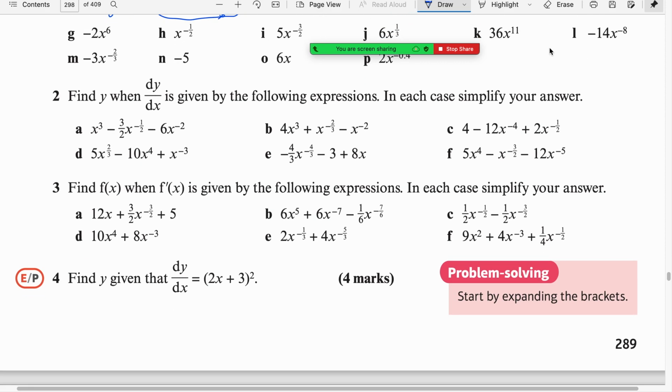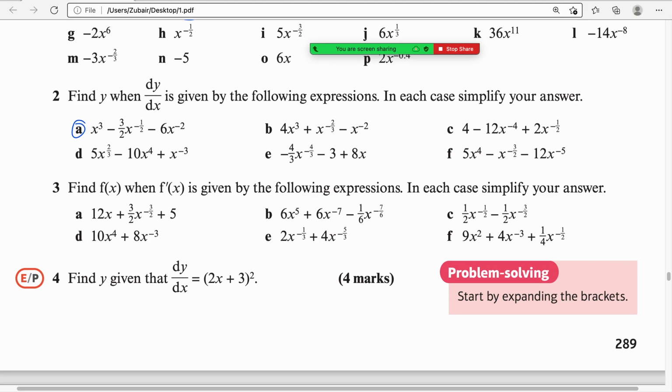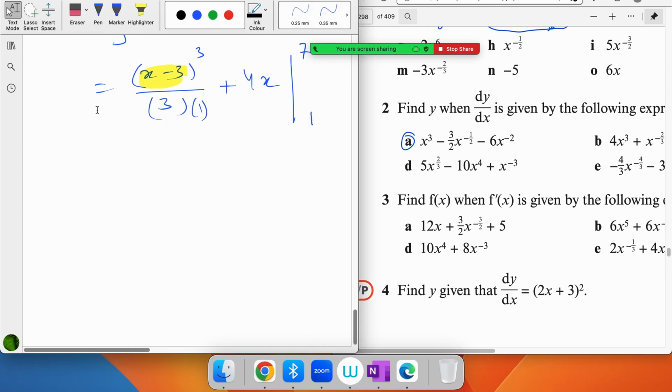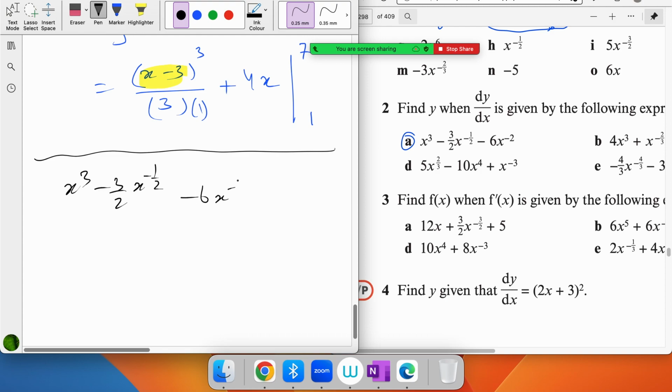Let us have a look at question number 2. So these are nothing but 3 terms in one question. Let me change the writing space. This is x cube minus 3 by 2 x to the minus 1 by 2 minus 6 x to the minus 2.